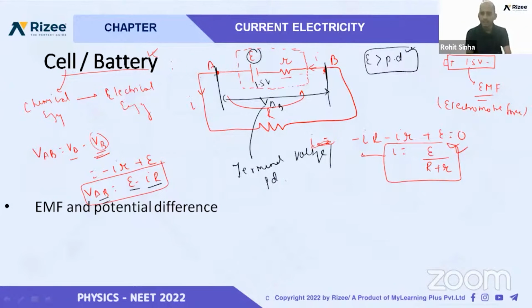Now let us see how we define EMF. Whenever we purchase a battery from a market and the circuit is open, meaning we have not connected anything to it, the voltage retained in the battery or cell is called EMF. It is defined for an open circuit. When we close the circuit, we define terminal voltage.